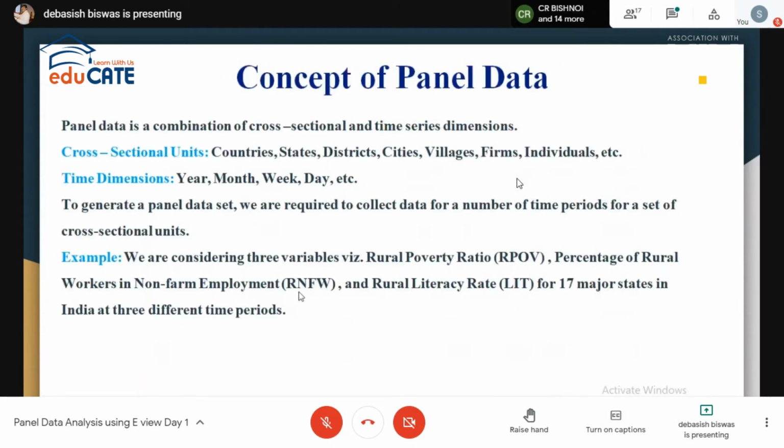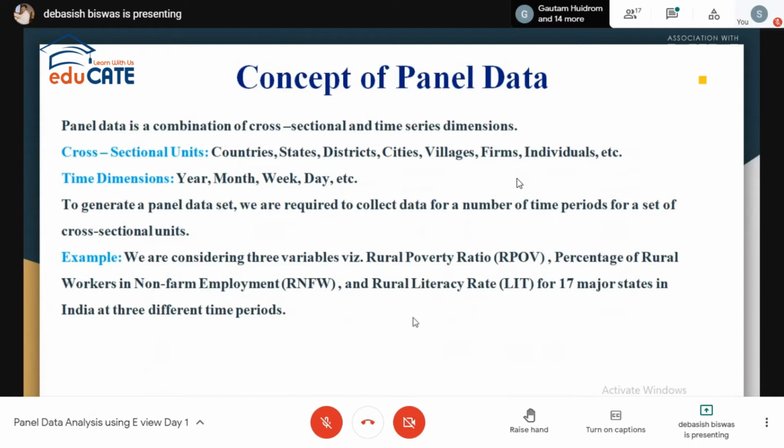And RNFW is my independent variable. And the rural literacy rate, LIT, is also an independent variable.